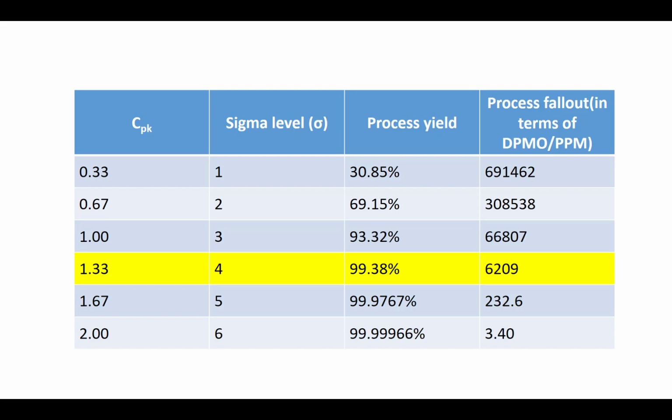So your goal is to have 2 or higher. Really, the acceptable level, depending on who you talk to, is right around 1.33, right? This is where we're aiming for our CPK. So if we're above 1.33, we're pretty happy. If we're at 2, we're ecstatic.